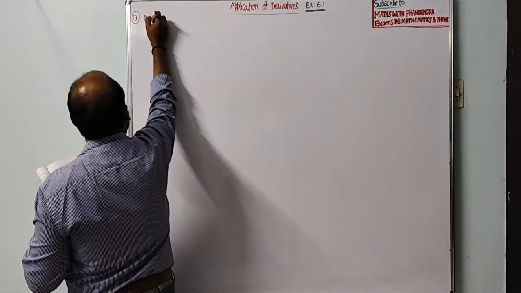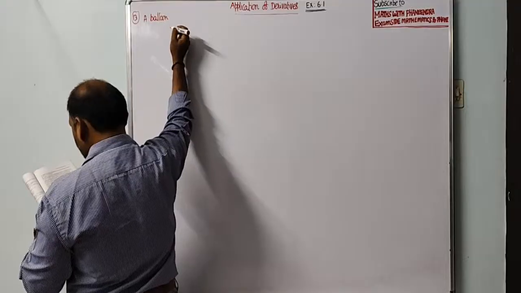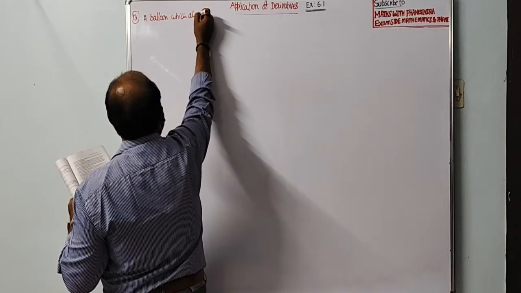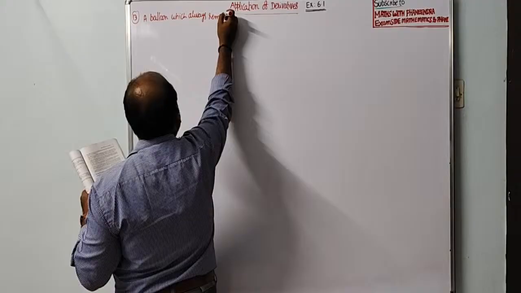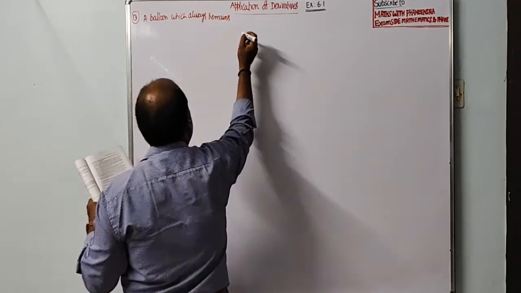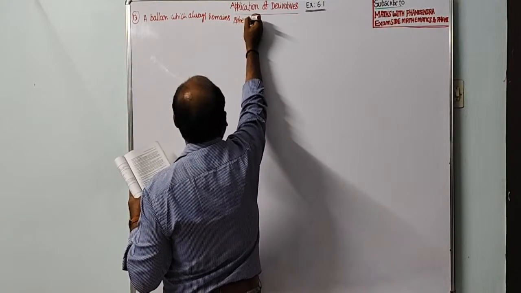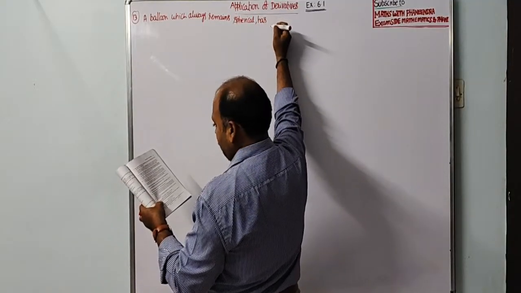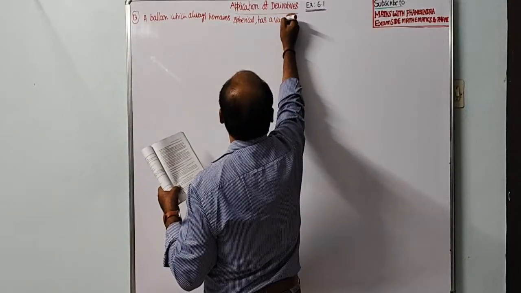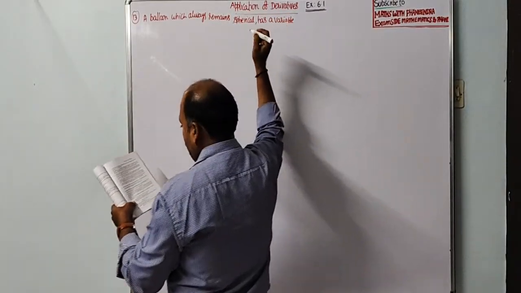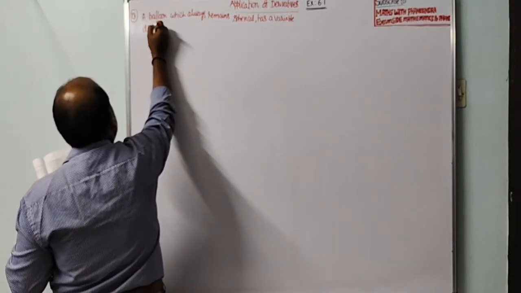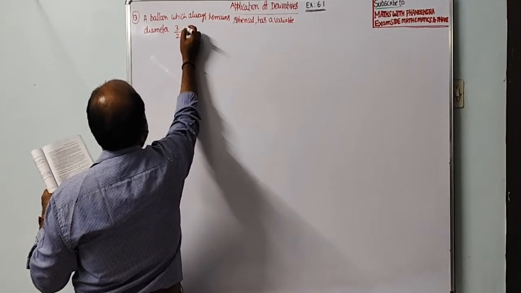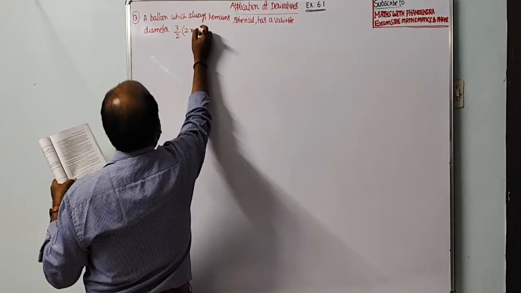A balloon which always remains spherical has a variable diameter 3/2 times of 2x plus 1.